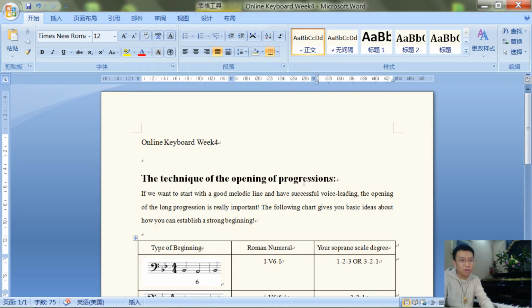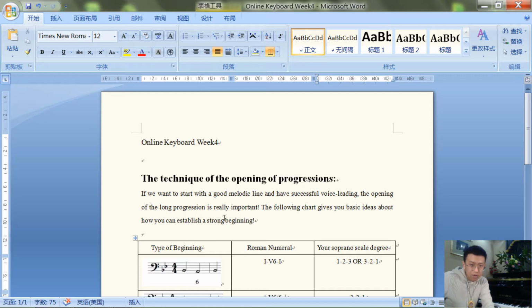If I draw a picture, I must have a good start, because a good start will lead you smoothly to the end. If the beginning of the progression is awkward and the voice leading is not correct, the rest of the progression will have some problems.